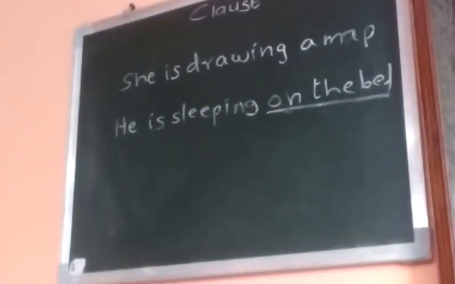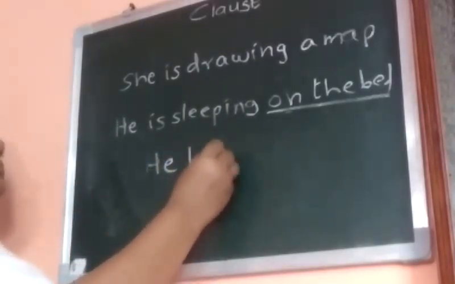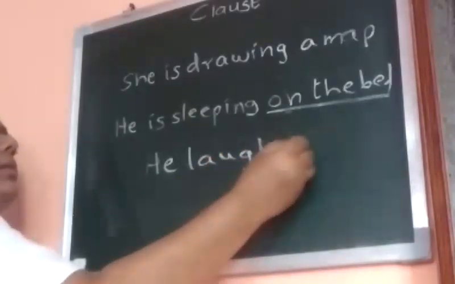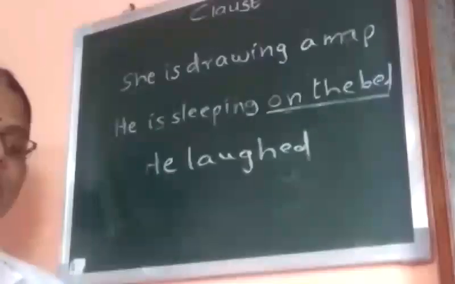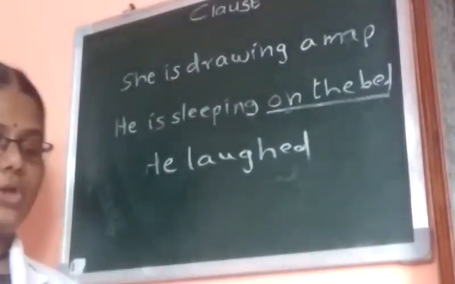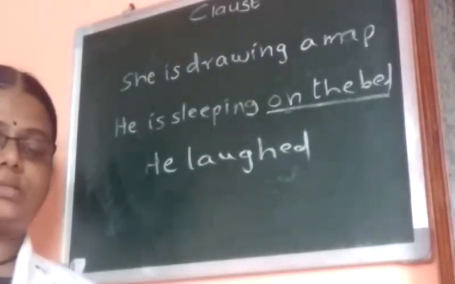A simple sentence can also be called one clause. He laughed. He laughed is a sentence, but it is also one clause. Some sentences may have more than one clause.